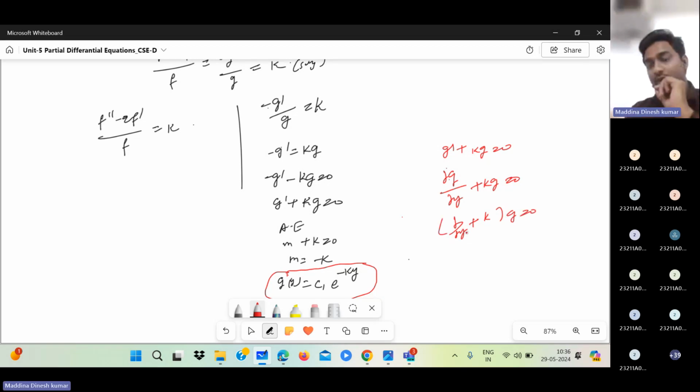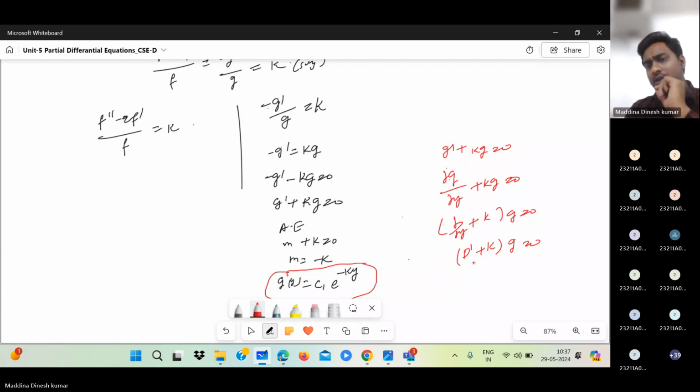And here del by del y is an operator. Actually it is in partial differentiation form, we will write it in operator form. Generally for differentiation we apply capital D, so to show the variation I am assuming d dash for partial derivative.